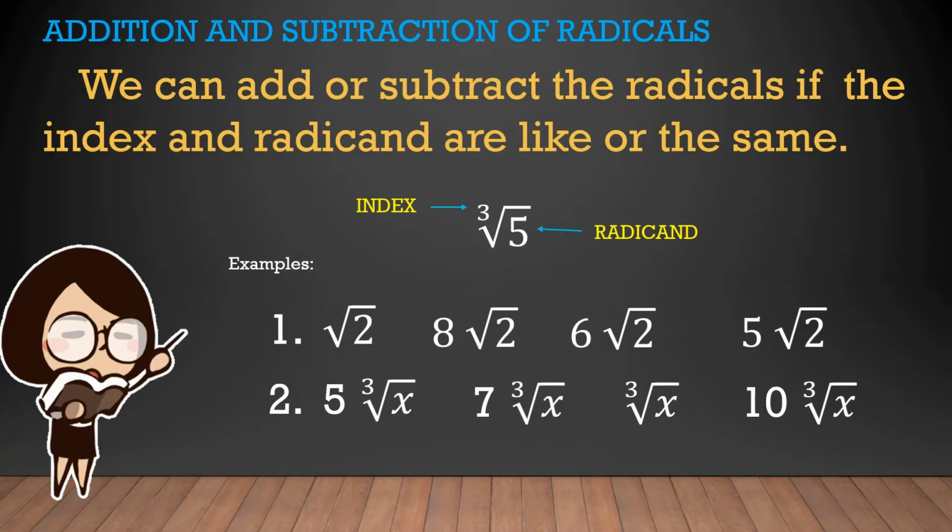Because your index in number 1, you can see square root of 2. The index of this is 2, that is invisible. So our index here is 2, and also the radicand is 2. In number 2, our index is 3, so that we call cube root. And the radicand is x. So they are also the same.